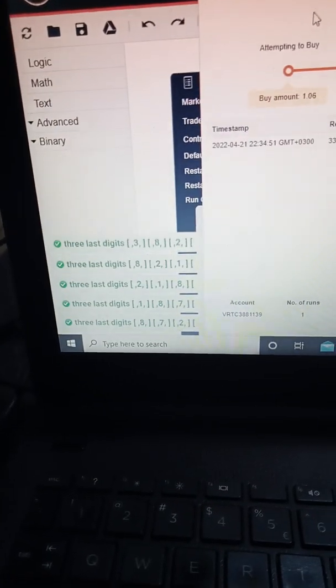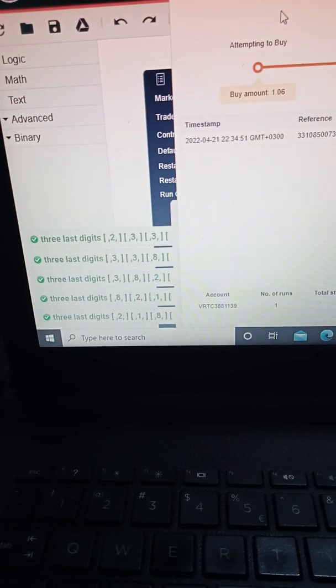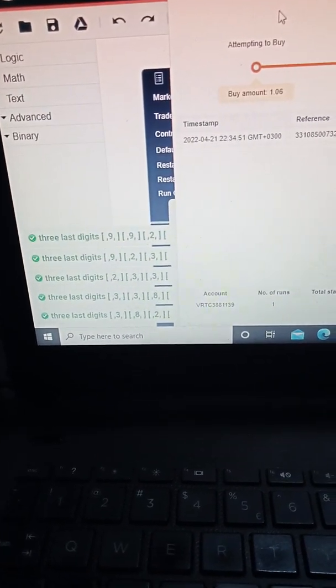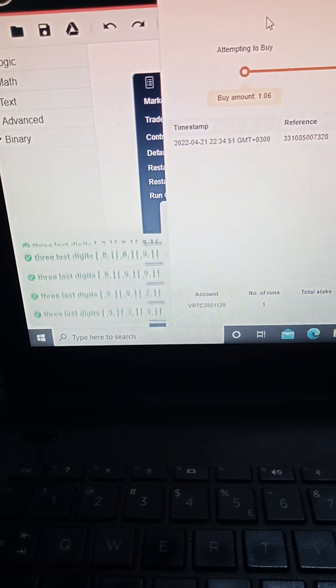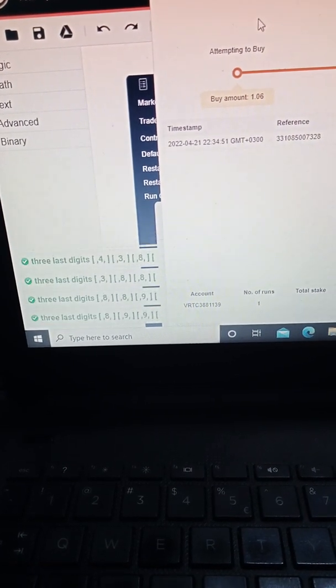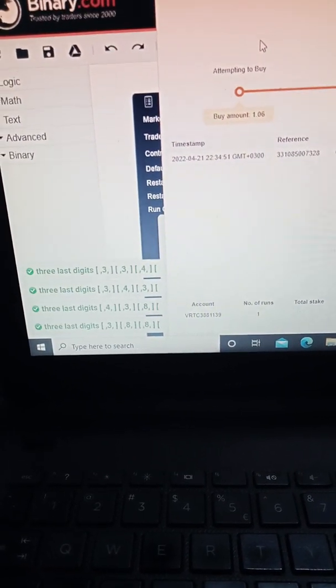You see right there, it selects a pattern of the last 3 digits, and if that digit corresponds with the trading level the bot has chosen, then you lose. If it doesn't match, you get profits.